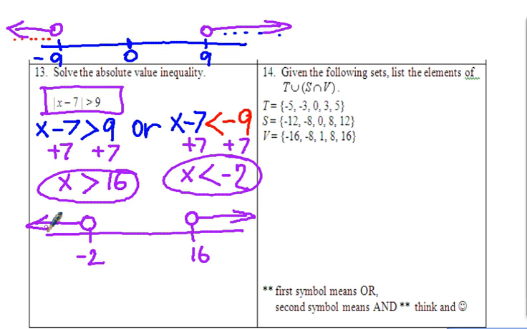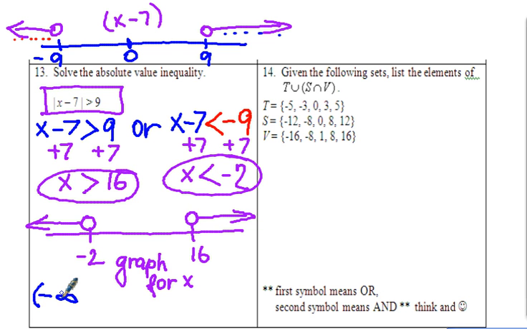Again, the first graph I showed you is the graph for x minus 7. Now this graph is the graph for x. And if I did ask you to do interval notation, it would say minus infinity. We start all the way from the left to negative 2.